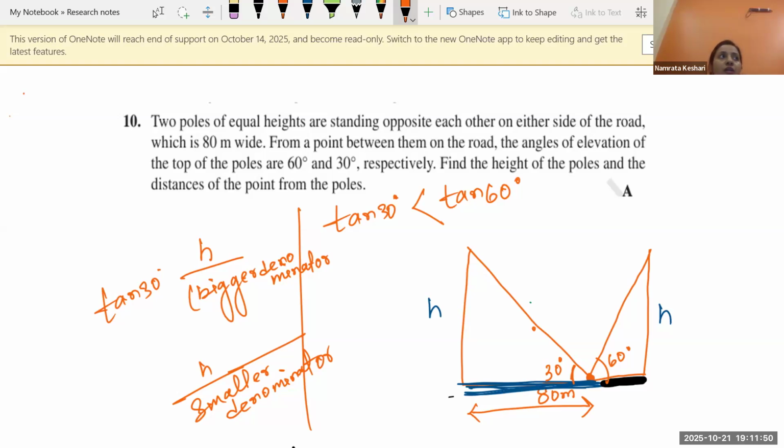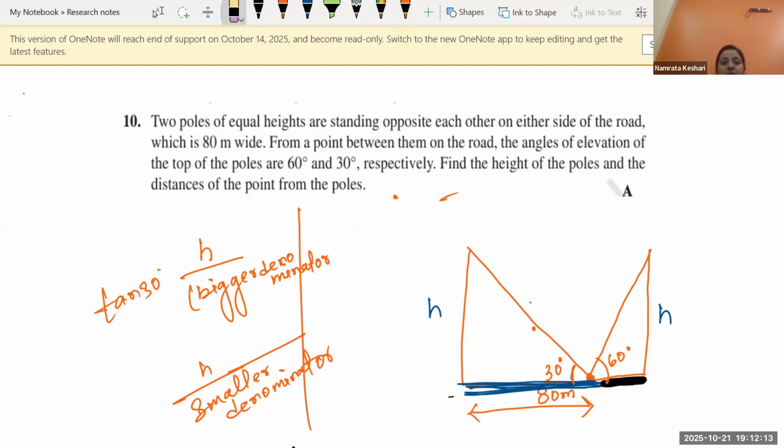Tan is an increasing function. Is it beyond your scope? No, because in exercise 1 you have seen whether sin theta is increasing or decreasing, and cos theta increasing or decreasing, you need to know. So we know tan 30 must be smaller than tan 60. Now here we are just using the fraction logic, nothing hi-fi. Making sense?